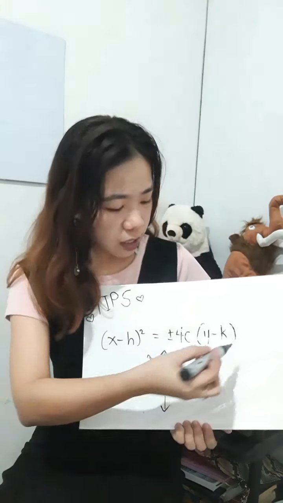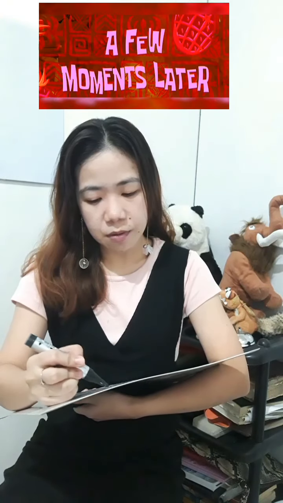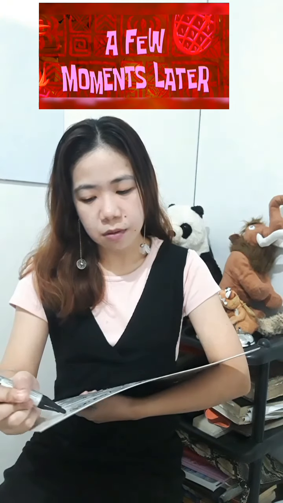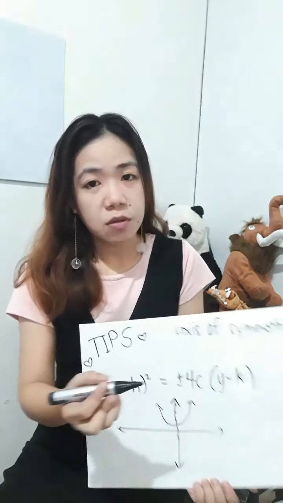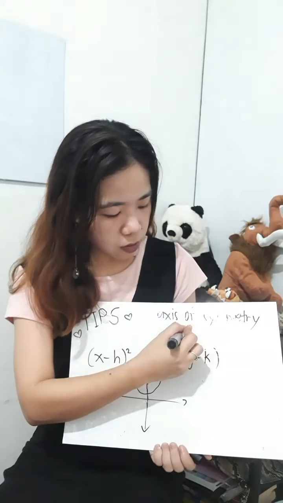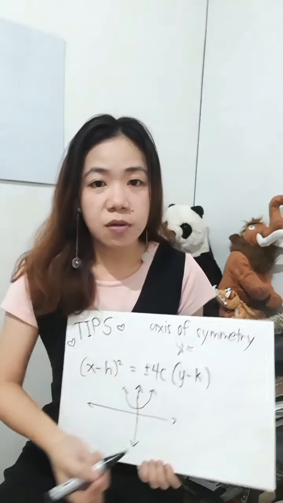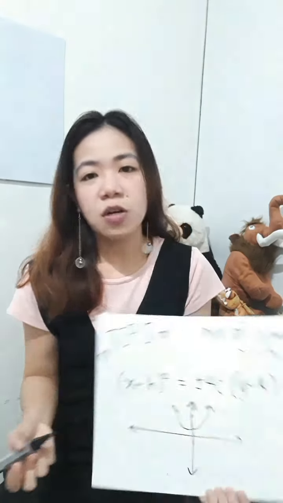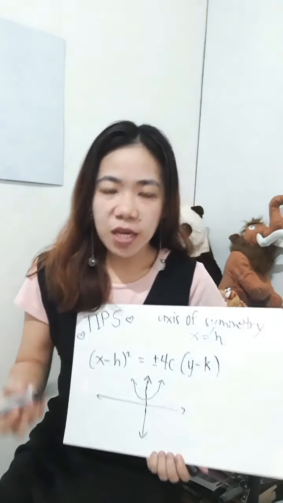So how do we write the equation of the axis of symmetry? It is x equals h. Sorry for the handwriting, we have x equals h.